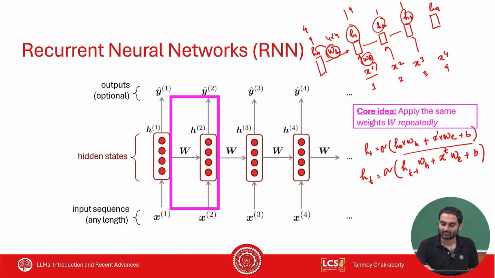What is the dimension of WE? Let's say the dimension of the embedding is 10 and the dimension of hidden state is 4. So this is 10 cross 4, or whatever, 4 cross 10. And this is fixed irrespective of the size of the context length. It only depends on two things: the size of the hidden state that we'll define beforehand, and the size of the embedding, which is also constant. Clear?